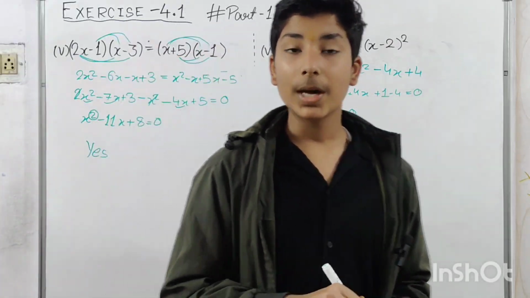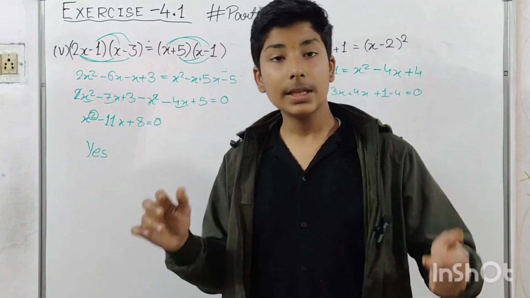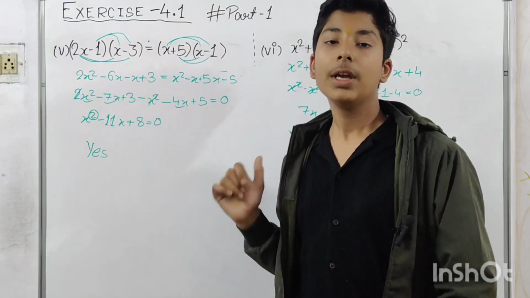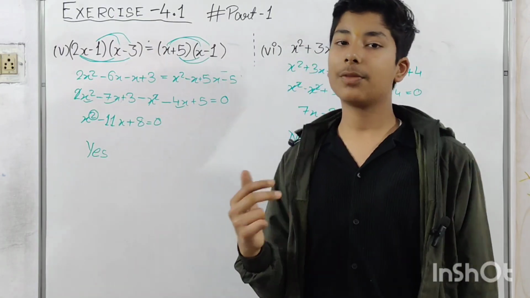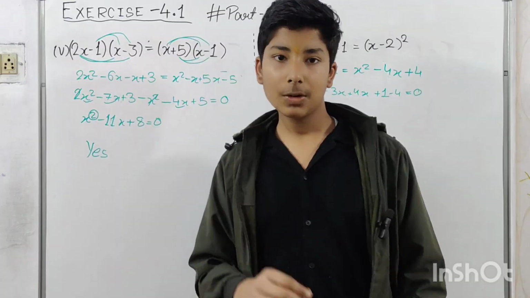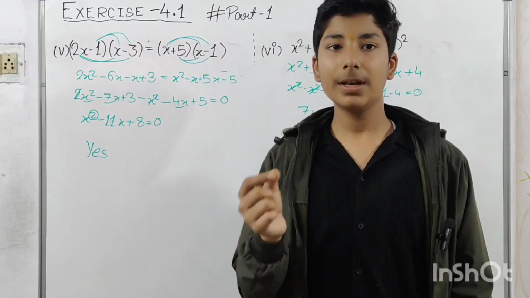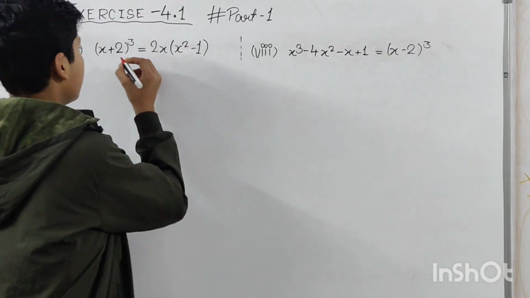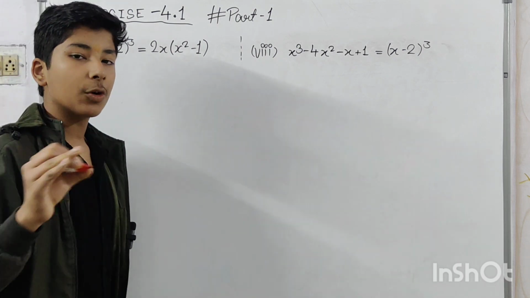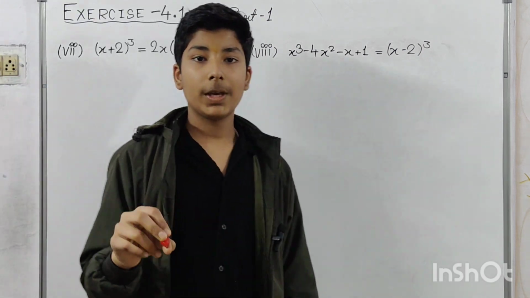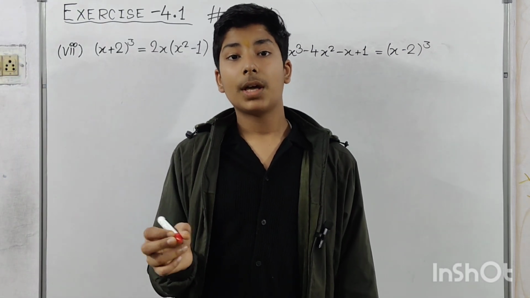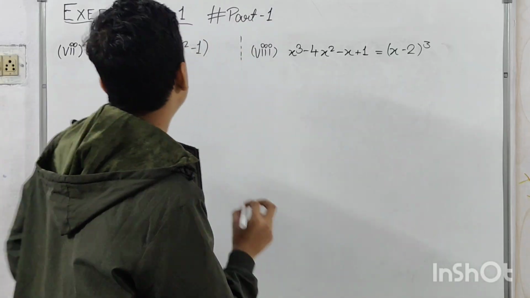And now we'll come to our last two parts, or you can say the last slide of this video, in which we'll do the last two parts of this question, which are part number 7 and part number 8. Let's continue. Here, x plus 2 whole cube. So a plus b whole cube identity is a cube plus b cube plus 3a square b plus 3ab square.